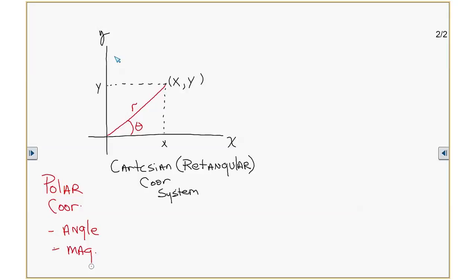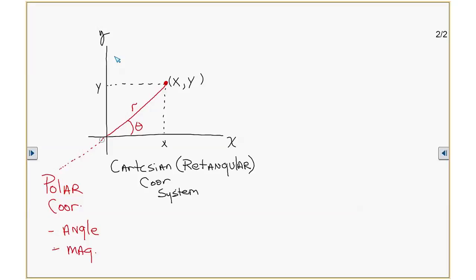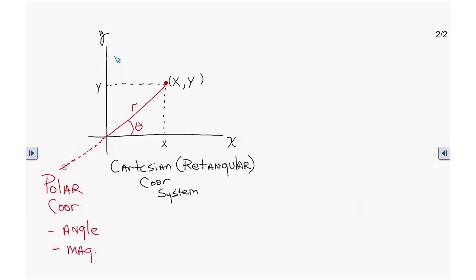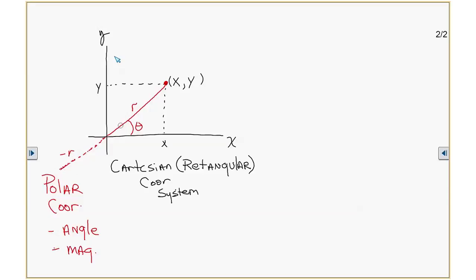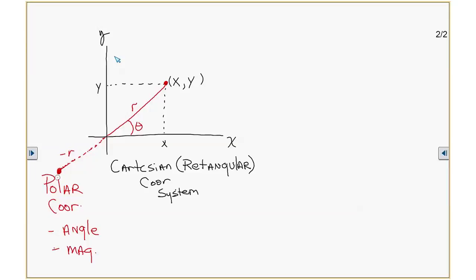In other words, with this X and Y, that's just one point. You have an X and a Y to that one point. But you can also have another description with polar coordinates because if I have this line right here, this is the negative R of this, and of course the angle would be the same because it's an extension of this here.